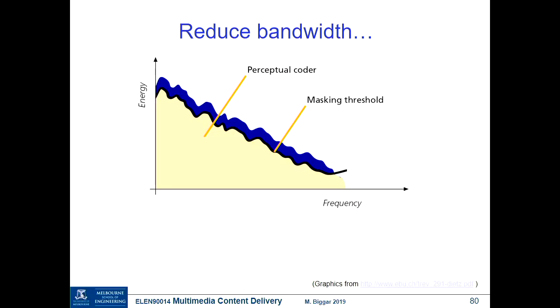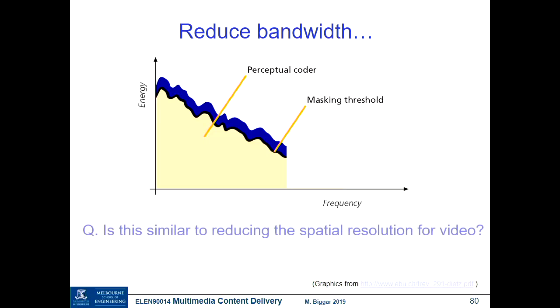So instead of coding the entire frequency range, 20 to 20 kilohertz, maybe for very low rates, we say, well, look, we have to sacrifice something, so let's low pass filter the signal, and that'll mean that we have a lower bandwidth, we can sample at a lower rate, we have fewer frequencies to try to model in our psychoacoustic coder, and so we'll be able to provide sufficient quantization accuracy that our quantization distortion is kept below this masking threshold.